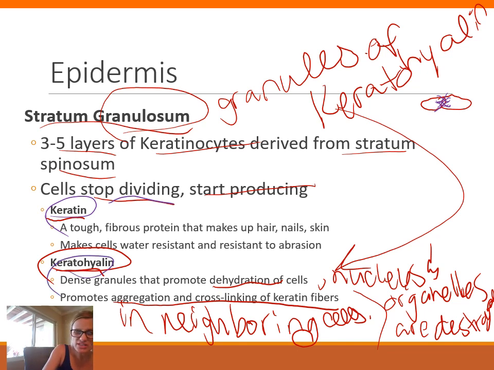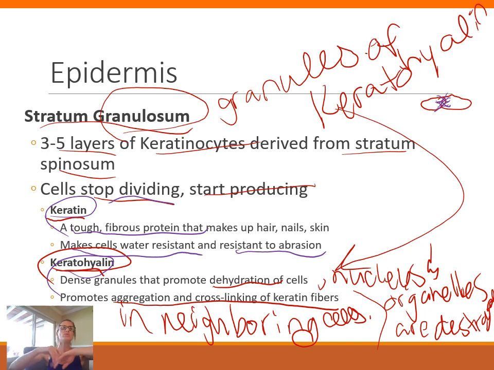Keratin, you guys know, is this tough, strong, fibrous protein that makes the skin strong. It also makes the skin water resistant. So it's resistant to abrasion, so it doesn't tear very easy, and it's water resistant, so it's hard for water to cross. So the cells produce a ton of keratin. The keratin cross-links between the cells like this.